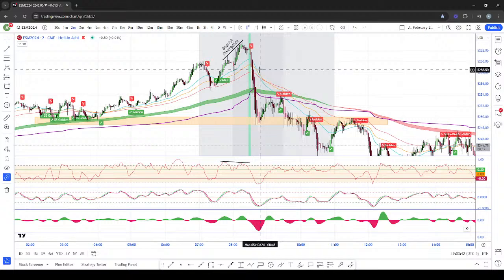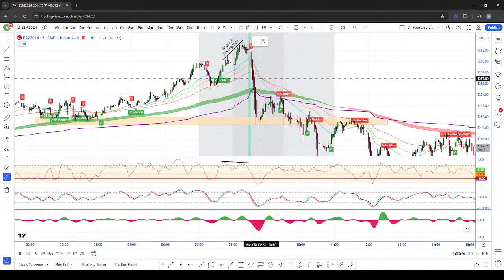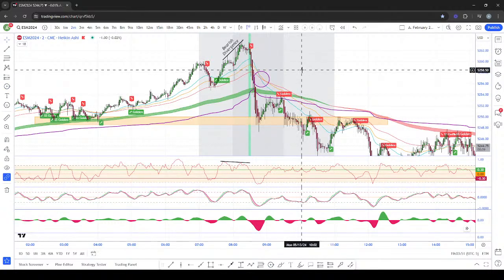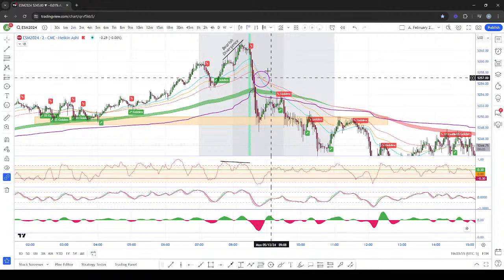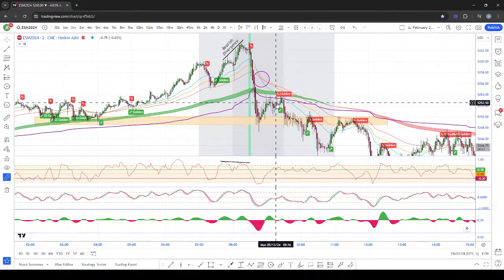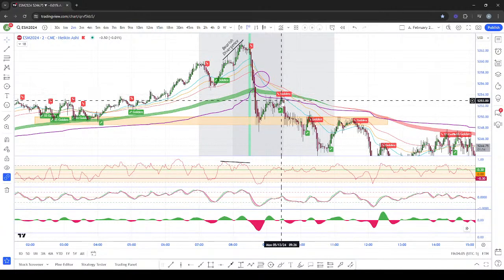Okay, so this is another one of my favorite types of little trades. This right here is the transitional area where the EMAs are switching from long to short, and what usually happens is I will wait for a pullback right in here. Sometimes it touches the EMAs, sometimes it doesn't.